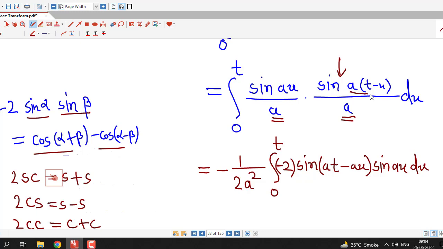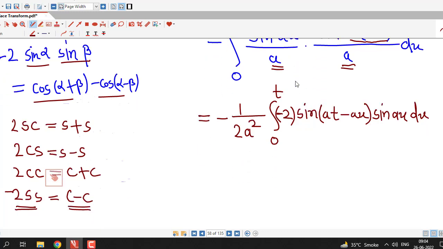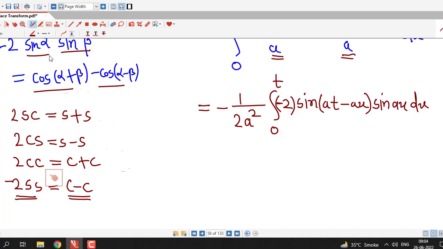I rewrite sine of a into t minus u as sine of at minus au into sine au, integral with respect to u, and now I apply this formula with alpha equal to at minus au and beta equal to a into u. So in the next step we apply this formula.